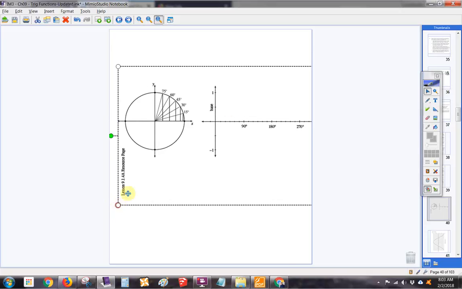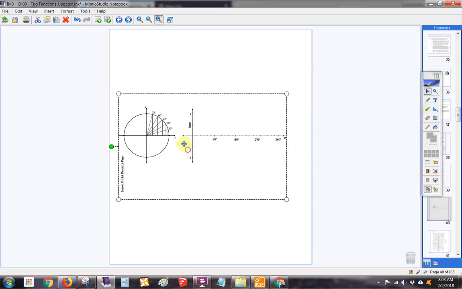When we did sine, we were interested in, again, the height of each of these triangles. Now that we're doing cosine, we're interested in the base of each of these triangles. If I were to plot the base of the triangle on my y-axis and the theta on my x-axis, what would that look like?